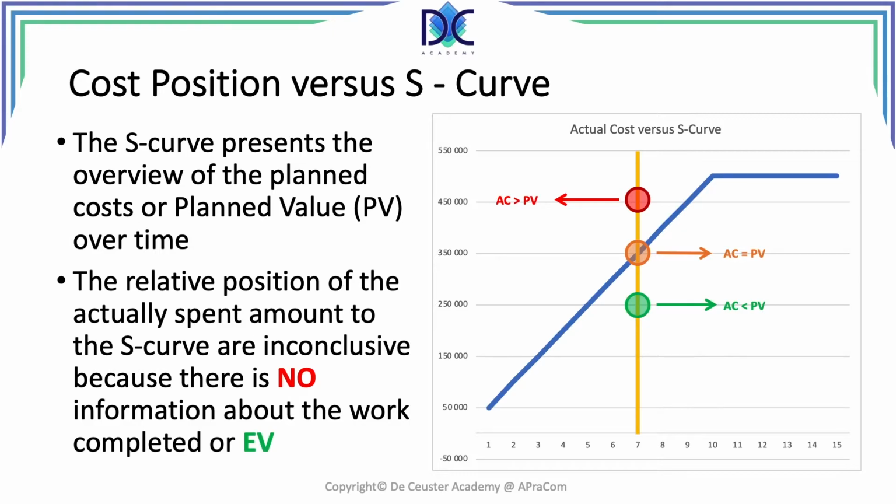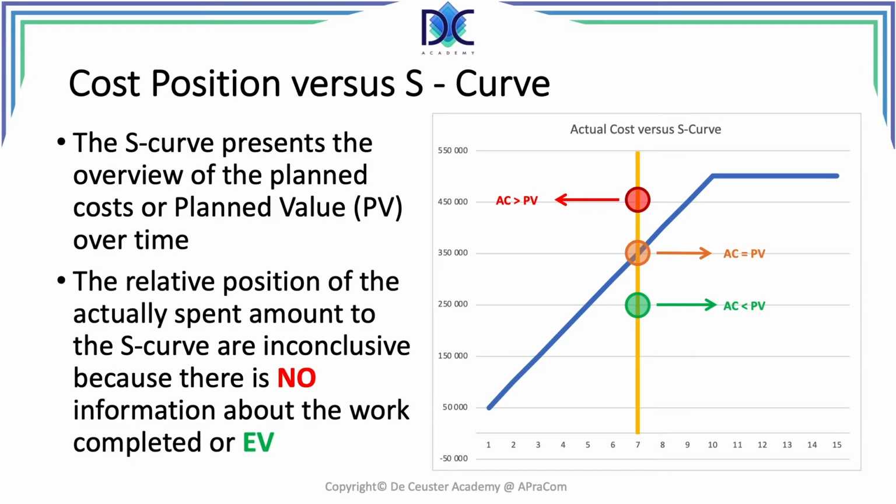When we consider the S-curve, we have three positions here. The green position is when the actual cost is lower than the planned value. It just tells us that we spent less money than we planned.